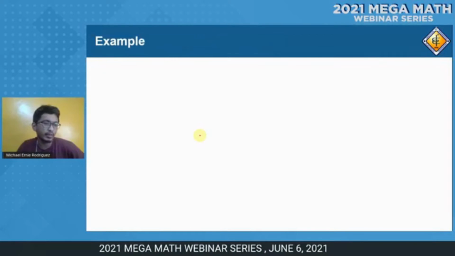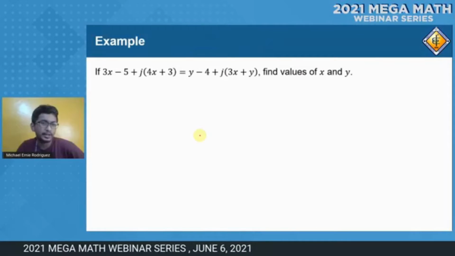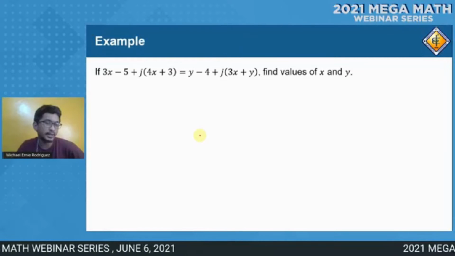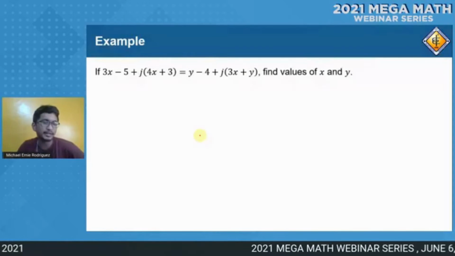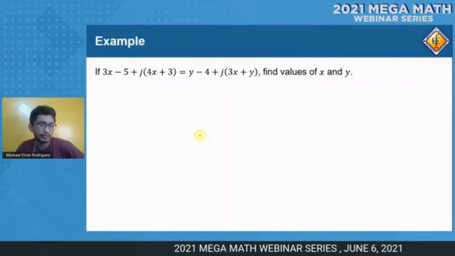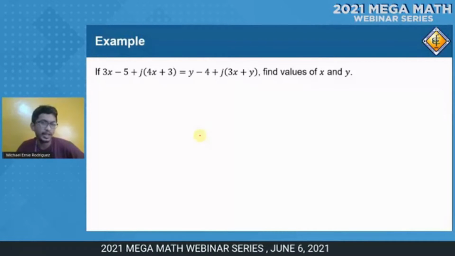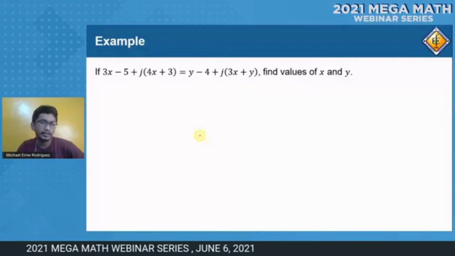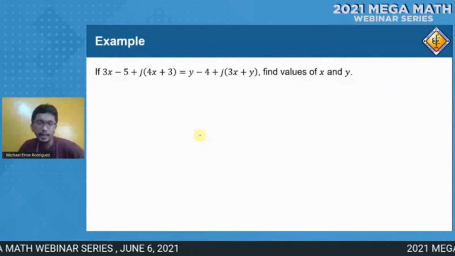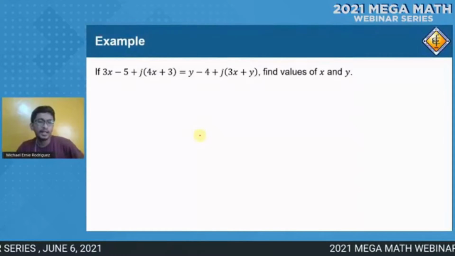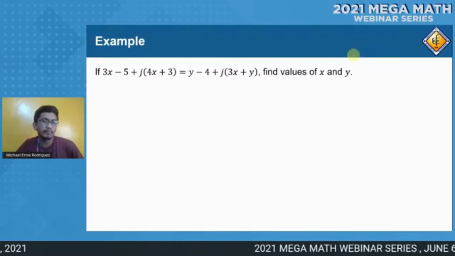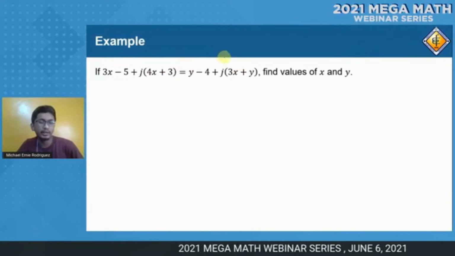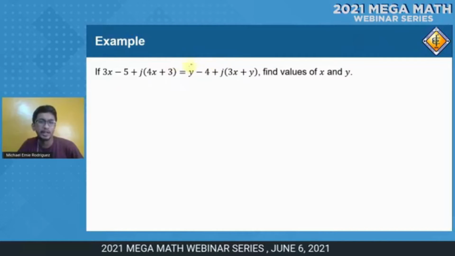Example for equality, meron tayo dito example. So if 3x minus 5 plus j times the quantity 4x plus 3 is equal to y minus 4 plus j times the quantity 3x plus y, find the values of x and y. So, sabi natin, di ba, equal yung real part to real part and equal yung imaginary part sa imaginary part.